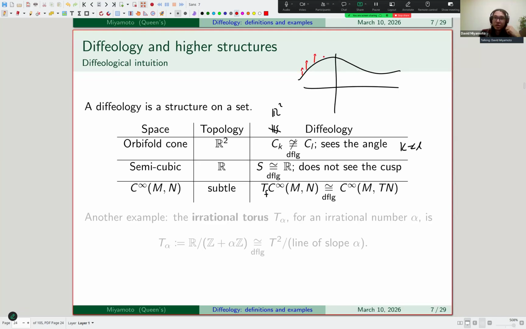So I take a little perturbation of my function, maybe I start perturbing it down here a bit, and then essentially I want to take d/dt at t equals zero. What this will do is we'll see that we're moving the function in the TN direction, right? So this is why one might think that the tangent should be smooth functions into the tangent bundle. And in fact, it is, diffeologically. Without a smooth structure, we could not say what this symbol even means here.